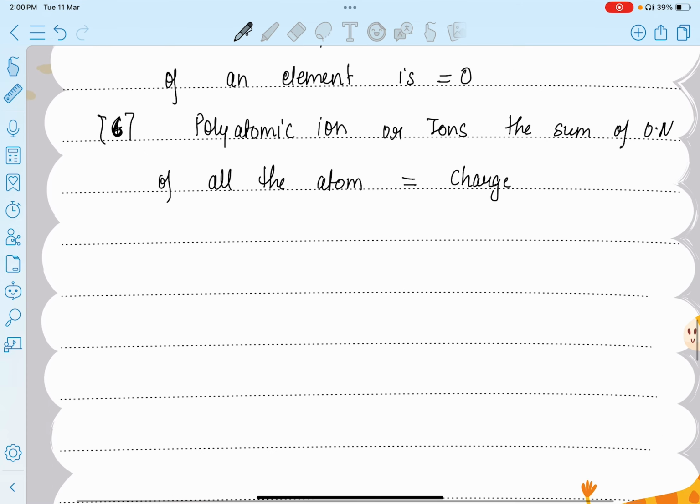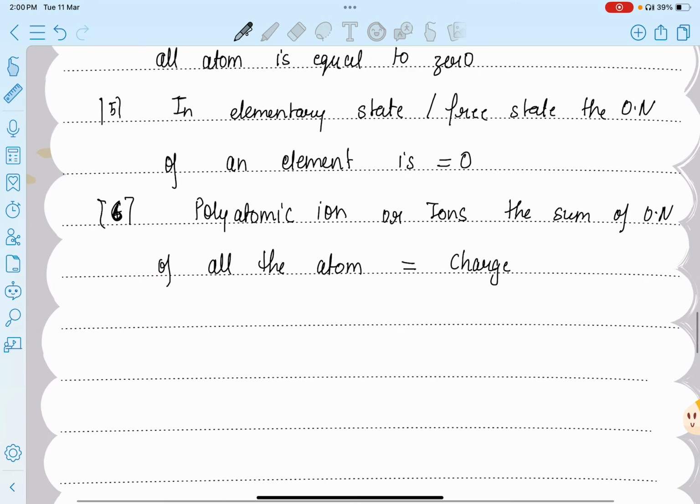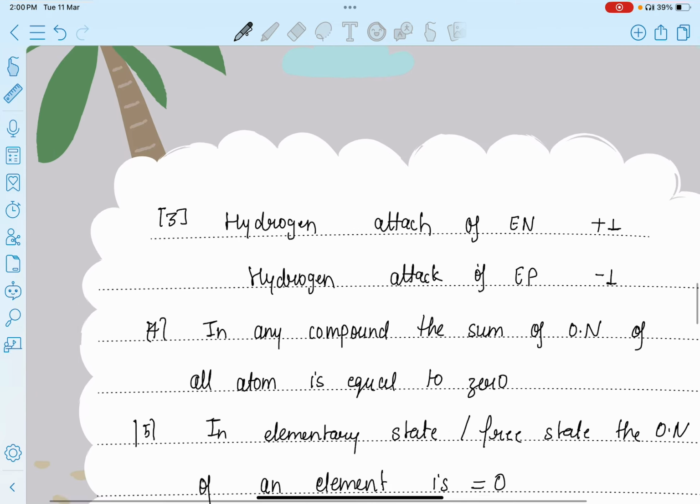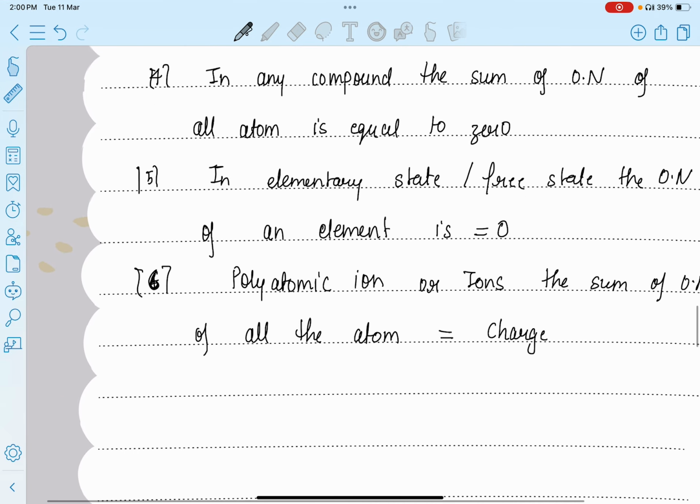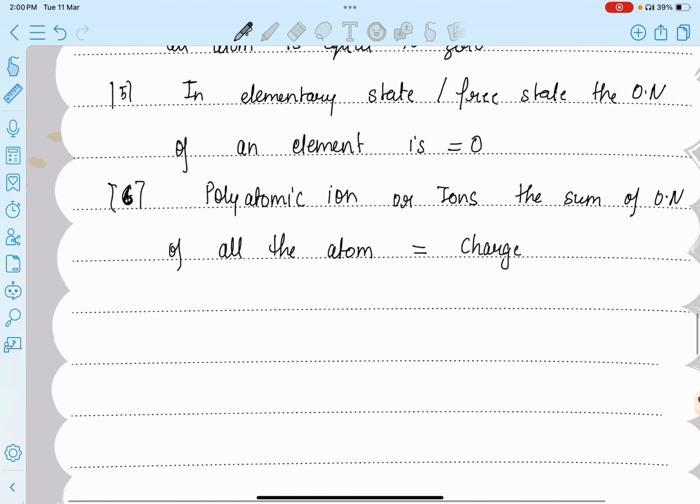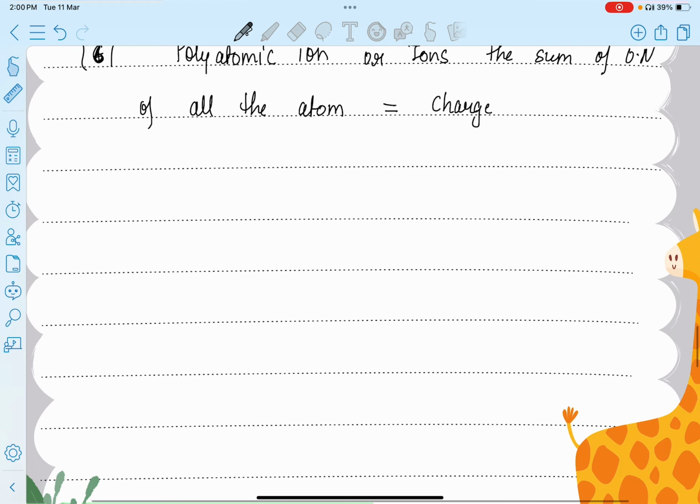Okay, their charge with sign. These are the 6 important rules for the oxidation number calculation of any atom.